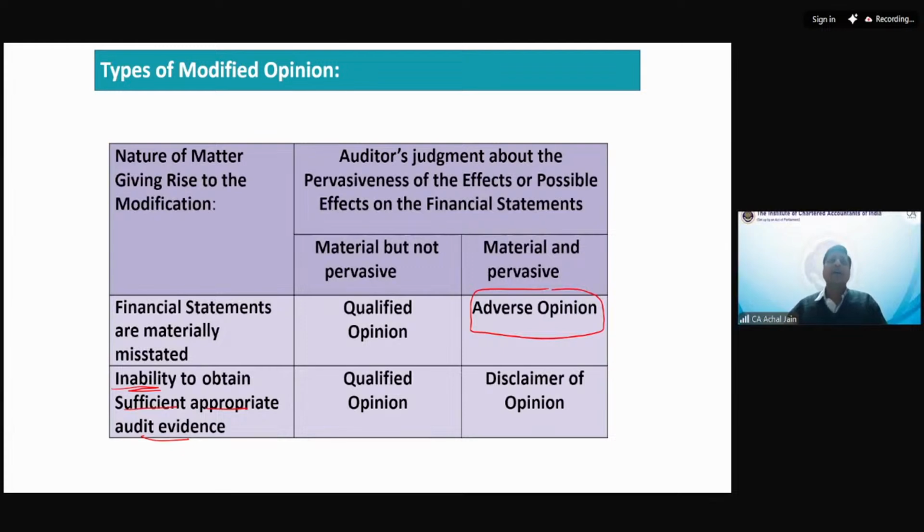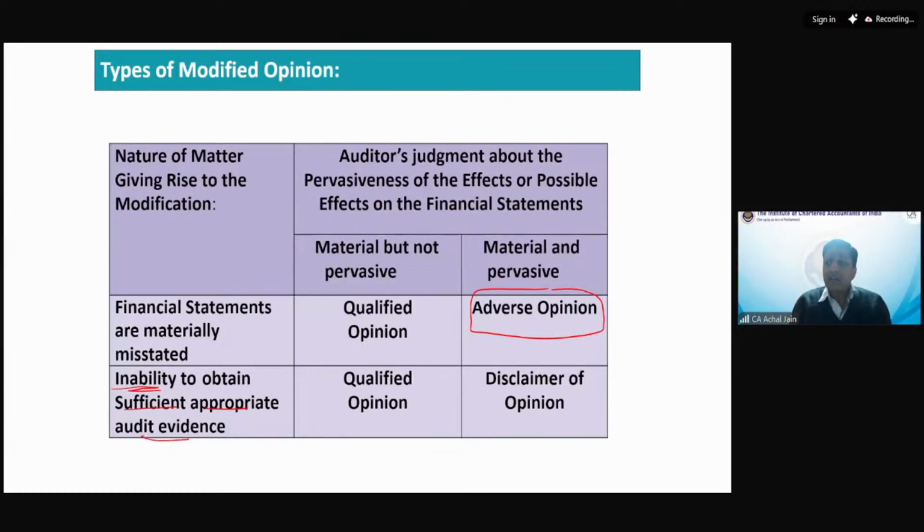Of course he will discuss and talk to those charged with governance, all of those things. But even then, he may not reach the required satisfaction level which he wants. In such a case, he may consider withdrawing from the engagement. Why? Because if he's not getting the required information, why get into that work? Yes or no? At times that may happen.